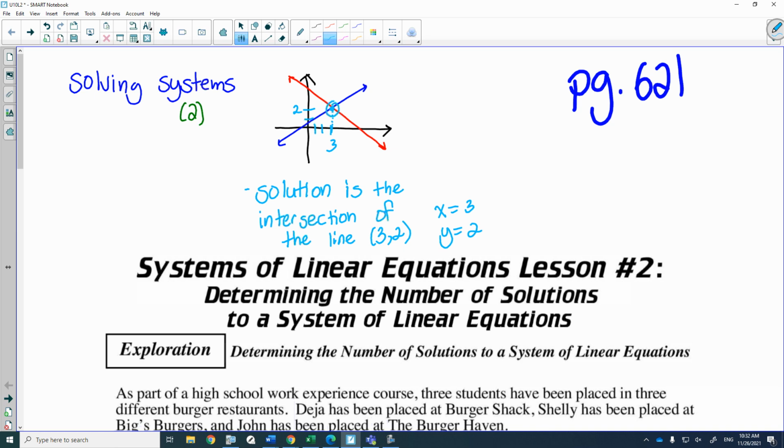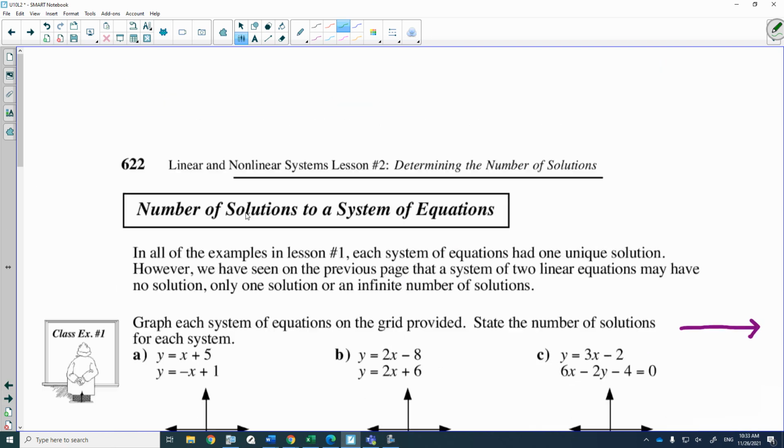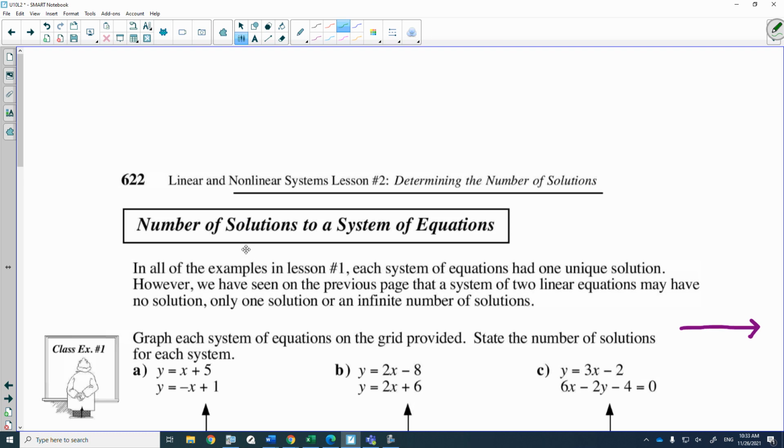What we're going to be exploring now is that there are actually 3 different types of solutions we could have. We're going to be exploring the number of solutions. Yesterday's work, we all had only one solution, but there's actually 3 different scenarios. So I want you to flip your page, and at the top of this page, 322, I'm going to show you the 3 different scenarios.